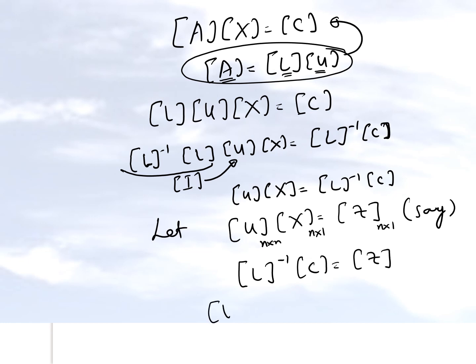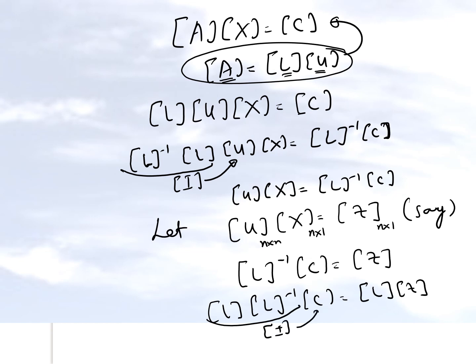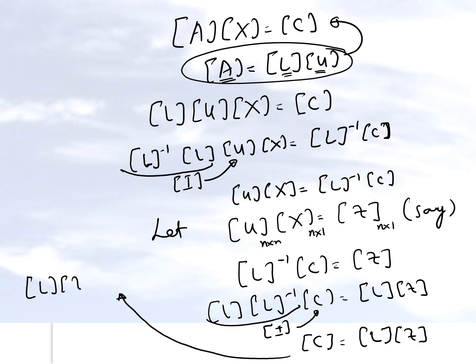And I can multiply both sides by L now. L times L inverse is the identity matrix. Identity matrix times C matrix is just the C matrix. And you get L times Z. We get L times Z equal to C.